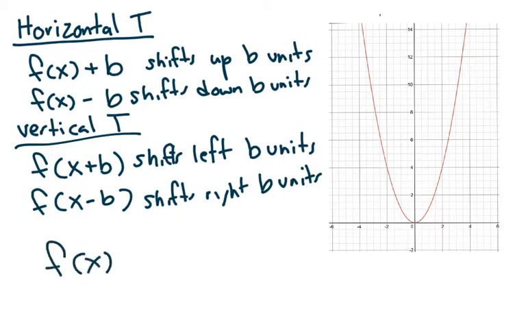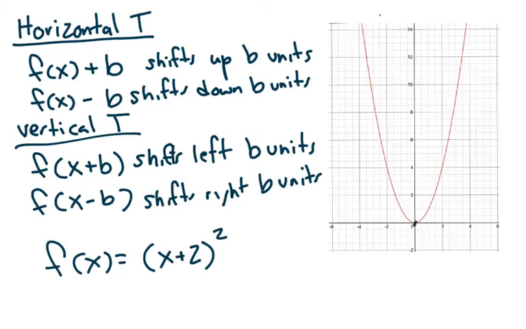Okay? So say we had our quadratic again. F of x is equal to, now in the parentheses here, normally we'd just have x squared. Now we're going to have x plus 2 squared, okay? What is this going to do? Think about the zeros of this function. You know that it's going to hit the axis at negative 2. So this is a shift to the left 2 units.